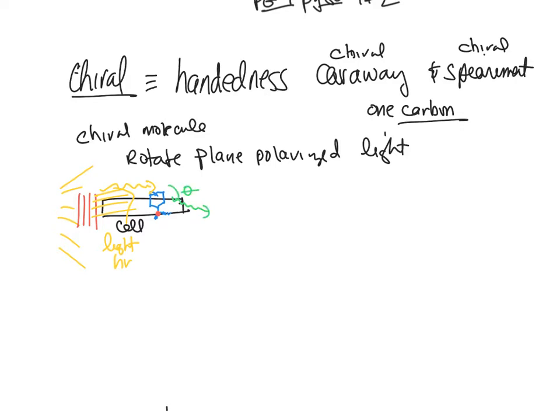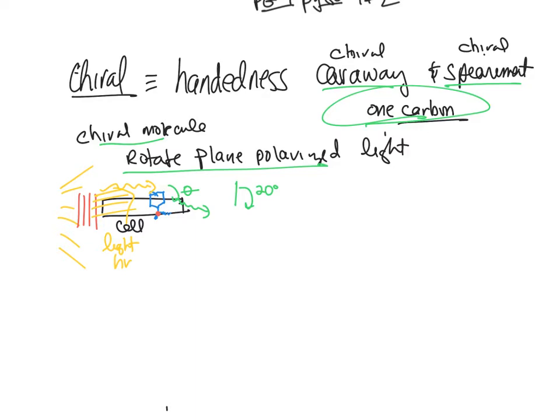And so a polarimeter can detect that and say, okay, the light has been rotated by 20 degrees. And that is what a chiral molecule can do. It can rotate plane polarized light. And so caraway and spearmint, they differ by one carbon, just like your right and left hand. So these are chiral molecules, and they have different properties.